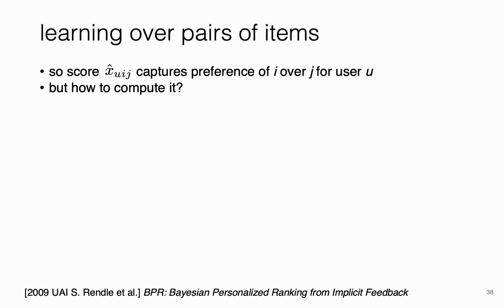So we have this x hat score capturing the preference relationship between i and j for user u. But how do we compute it? What are the parameters to learn?